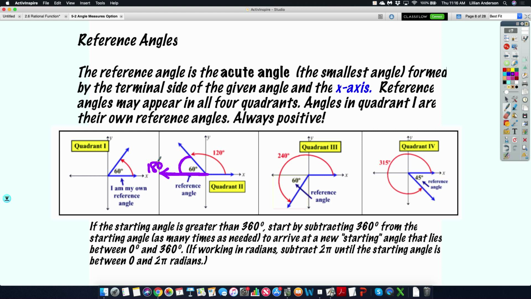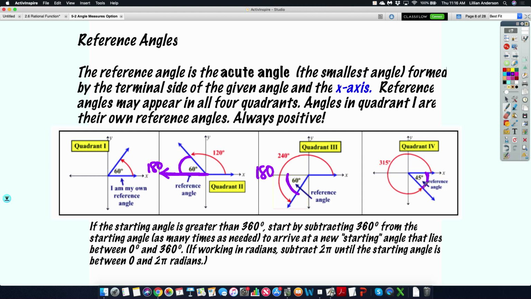Quadrant 3, you have 240 degrees, okay? 240 degrees is a little bit more than 180, but again, it is the acute angle between the terminal side and the x-axis. So you subtract those two. Quadrant 4, 315 degrees is the angle.